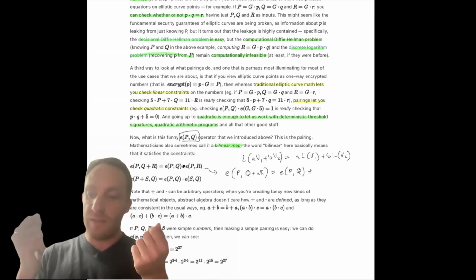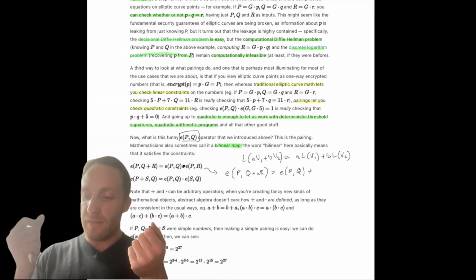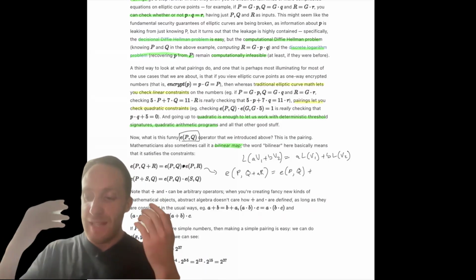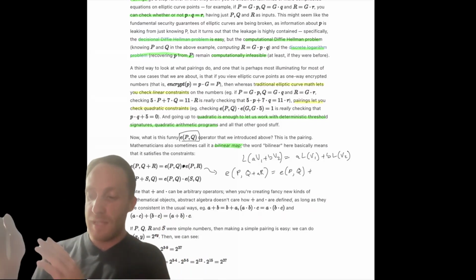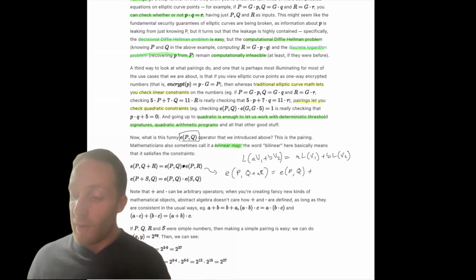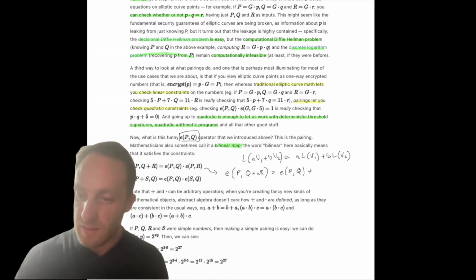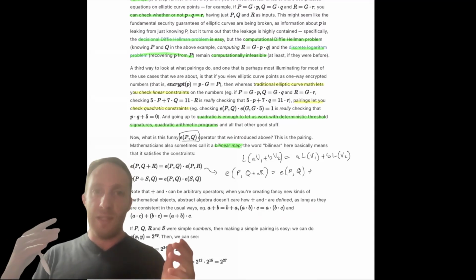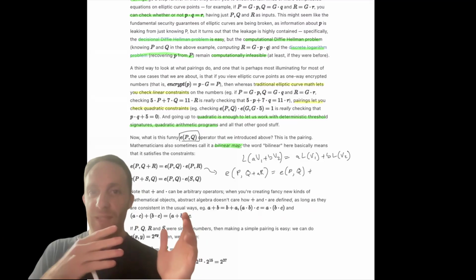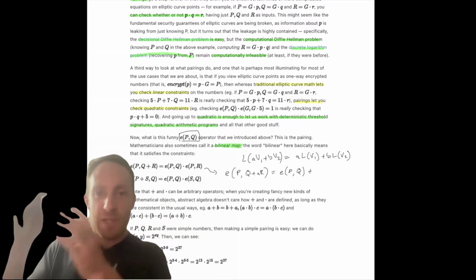I think that's just to syntactically be able to see that the plus is in the pre-groups and the times is in the target group. But the point is already you're working with two separate groups potentially, right? The first argument and the second are different, yet he's just using plus happily here. I personally like to just use plus also, because you're used to linear algebra, where it's a map from a vector space to another vector space.